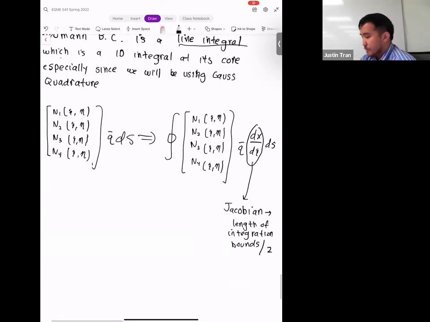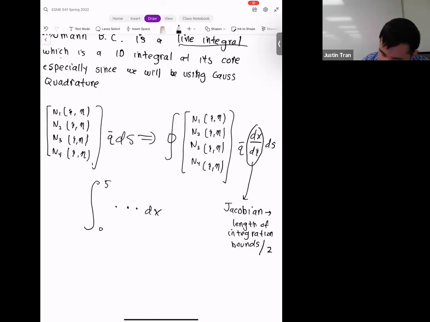In the in-class example, we had the integral from 0 to 5 of some integrand dx. When we transform this, we have the integral from -1 to 1 of that integrand, but the Jacobian that we multiplied by was the length of this domain, 5, divided by 2. That's the factor that we have.